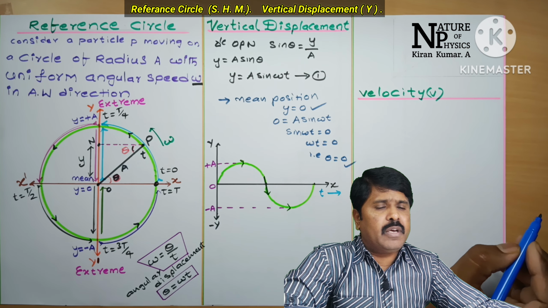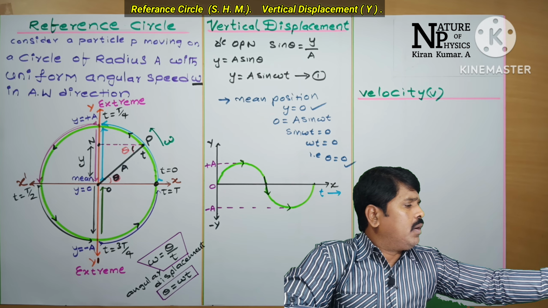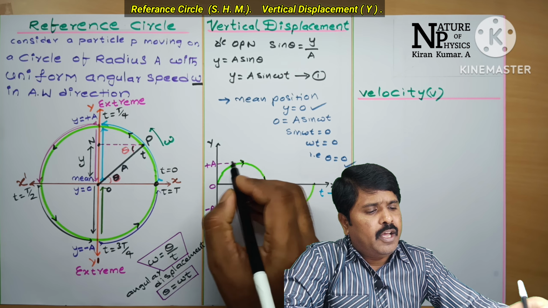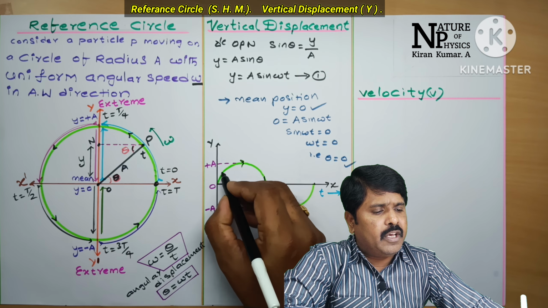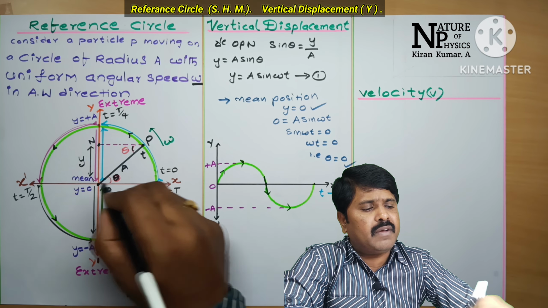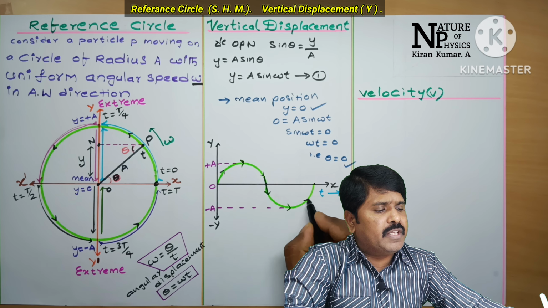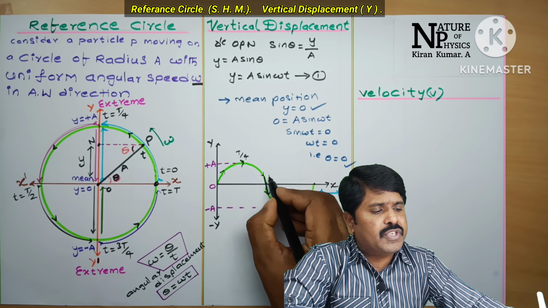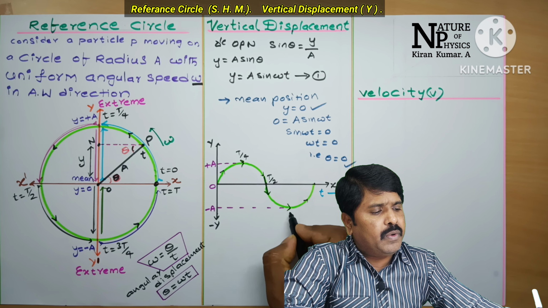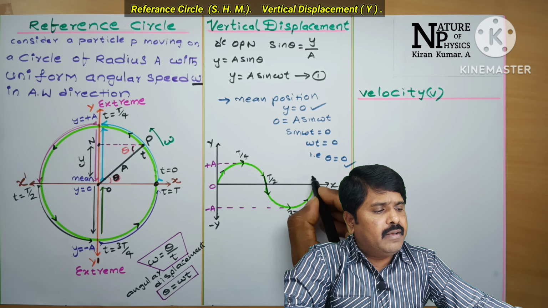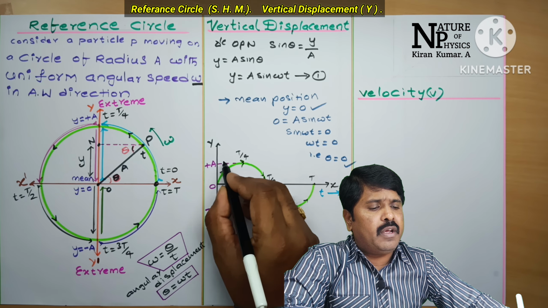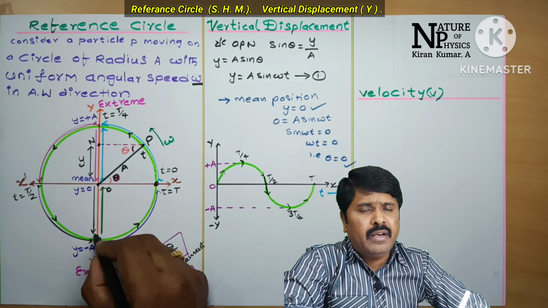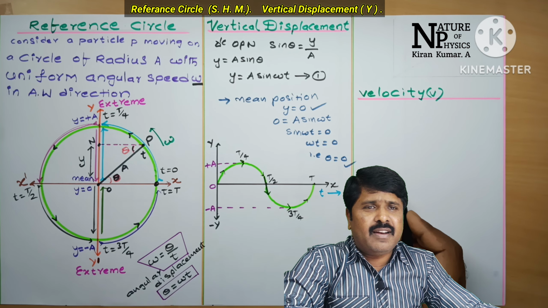Next we are going to discuss the extreme position. Here this is the plus a amplitude. The particle is moving on the circumference of the circle, so the equivalent diagram is represented. This is 0, this time is T divided by 4, this time is T divided by 2, this is 3T by 4, and this is time T. So the time taken to complete one rotation is equal to the time taken to complete one oscillation on the vertical diameter.